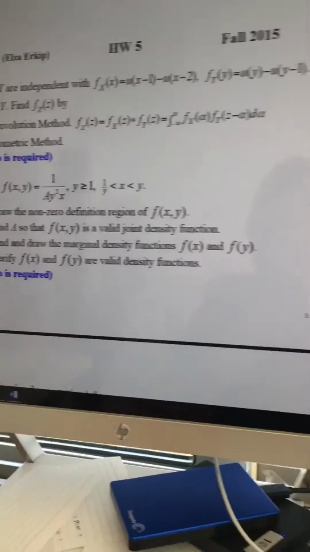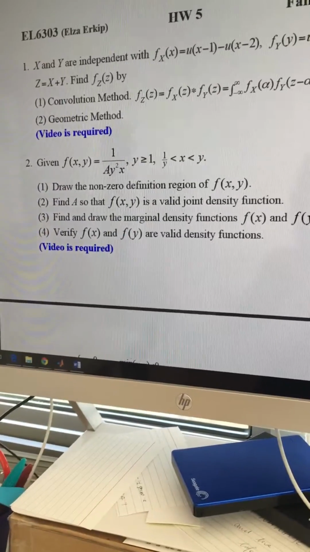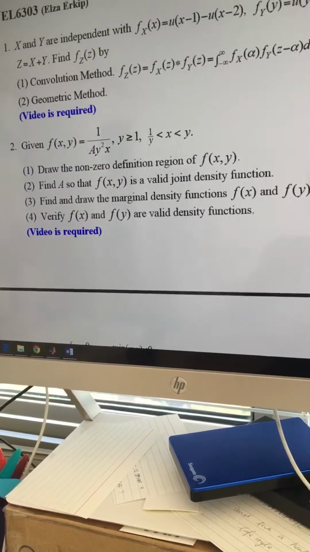The second question: find a so that f(x,y) is a valid joint density function.